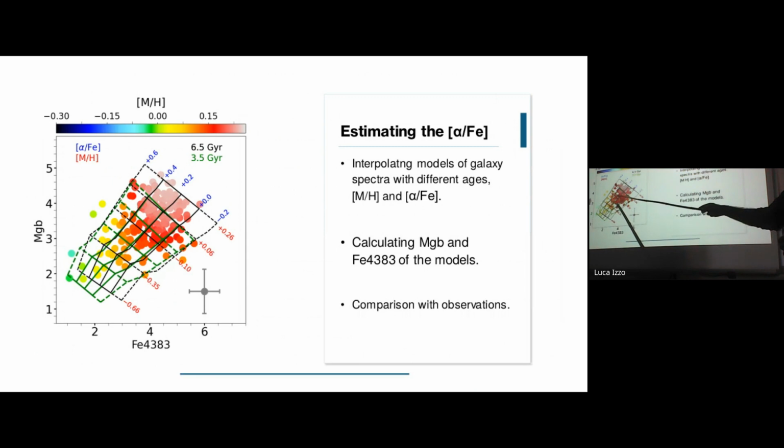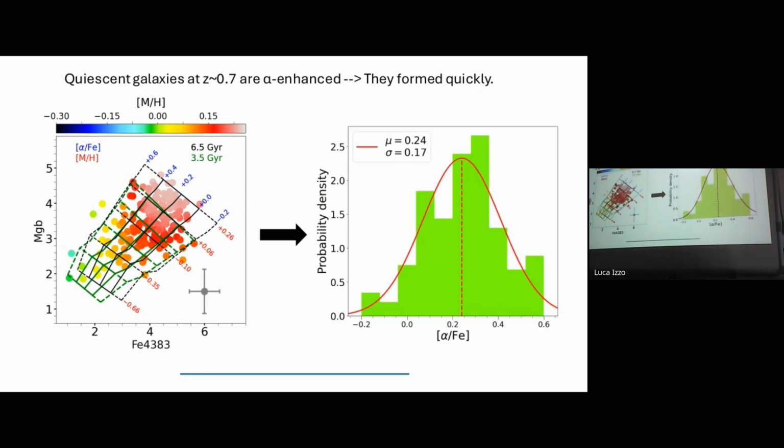The points here are the observed galaxies, while the grids here are the predictions from the models at different metallicities and alpha over iron values, and you simply create this grid of predictions from models. Then you compare the grids with the observed points. And this is what we obtain.